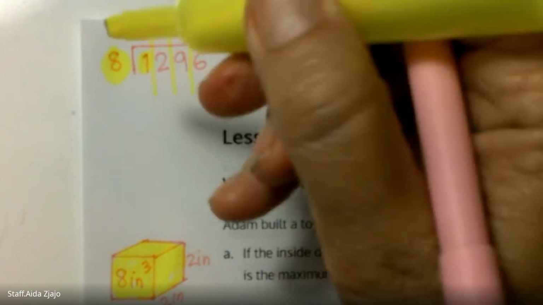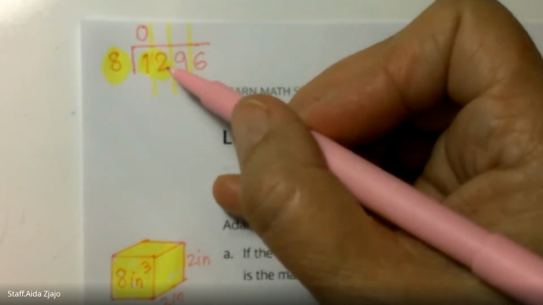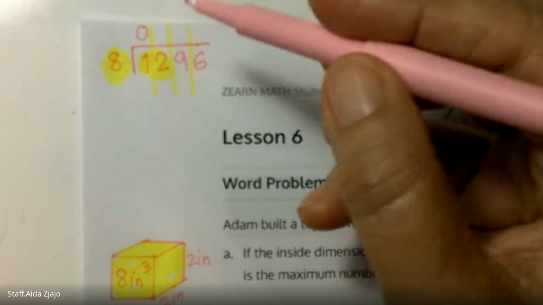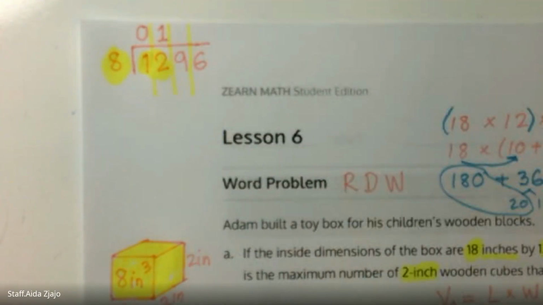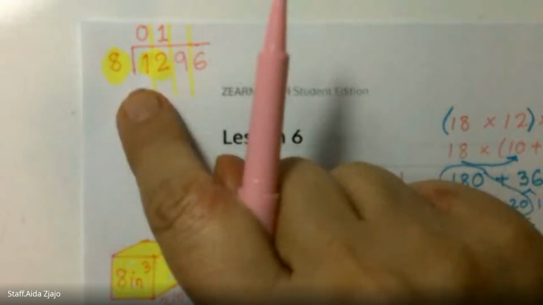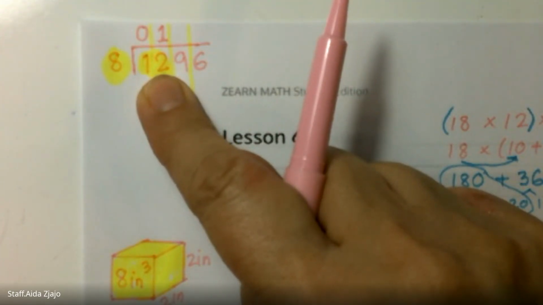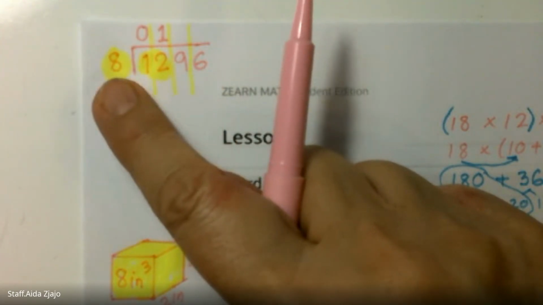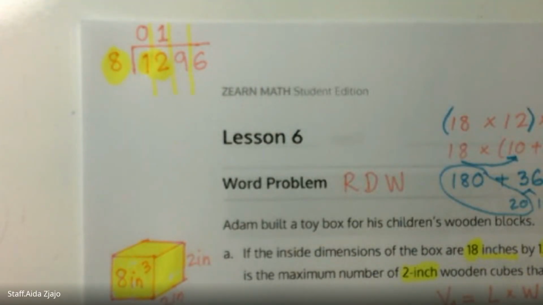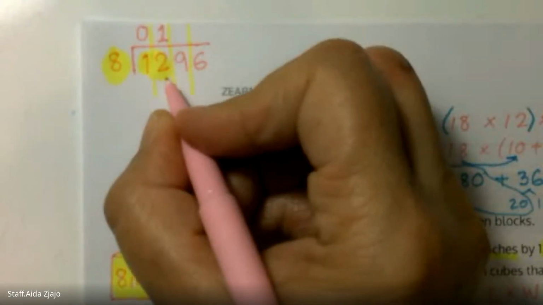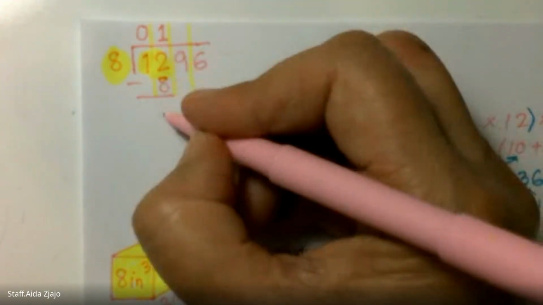But if you change 1,000 into 12 hundreds, then you can put 12 hundreds into 8 groups. Actually, you only can make one group of 800s. 1 times 8 is 8, and then we subtract 12 minus 8 is 4.